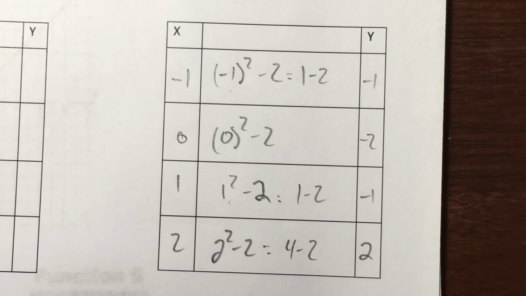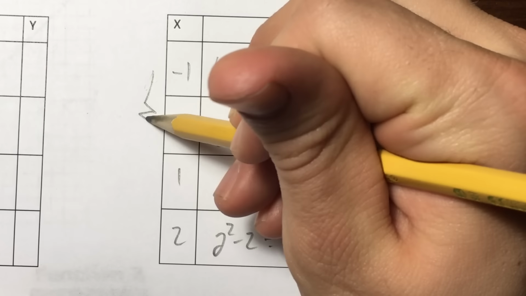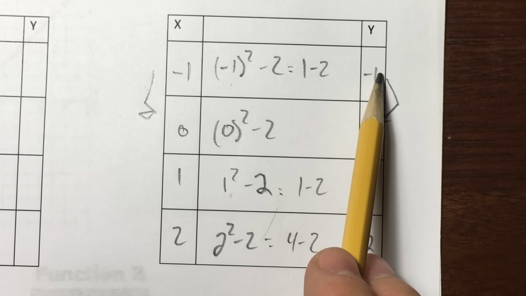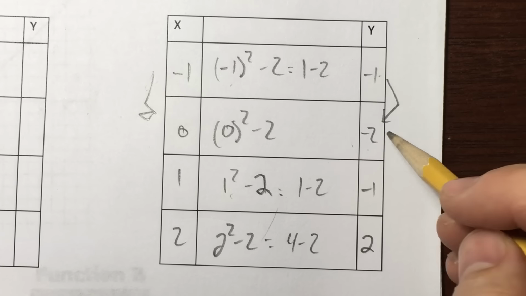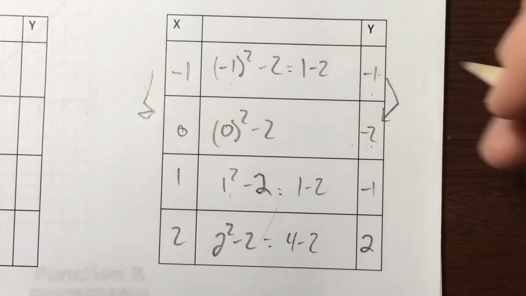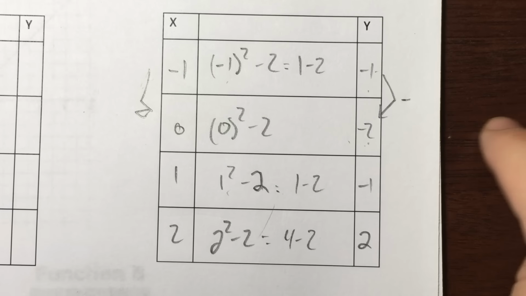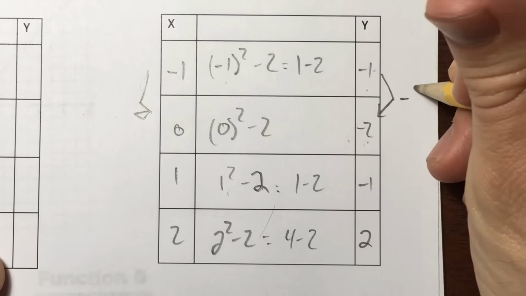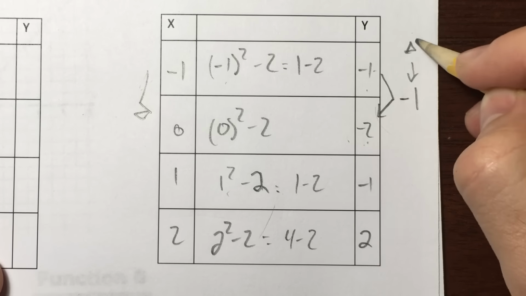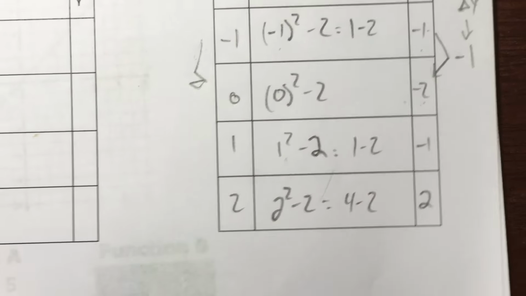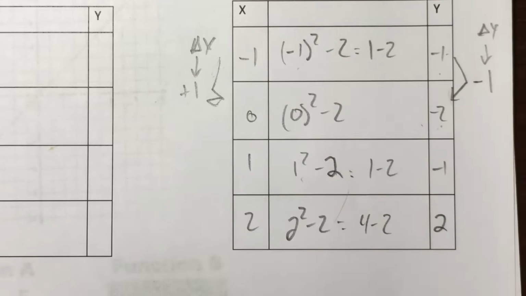Now we're going to calculate our rate of change. If we looked at the first two coordinate points, (-1, -1) and (0, -2), the change in y is -2 minus -1, which is -1, and the change in x is 0 minus -1, which is +1.